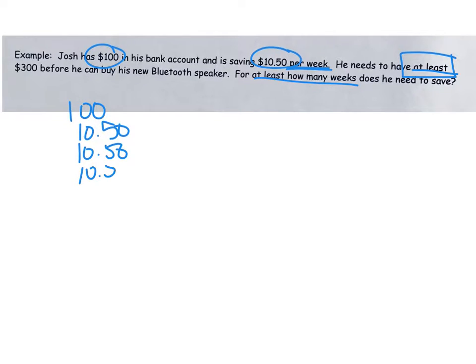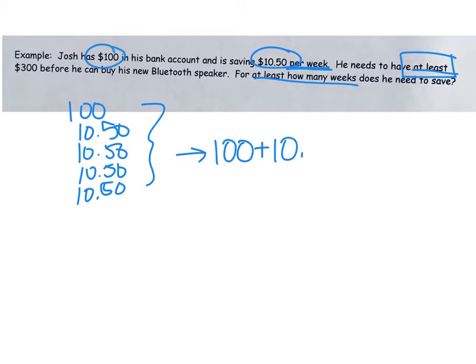That's over and over again. So as I set up my inequality, I'm going to start with 100 plus $10.50 every week. I'm going to use W for week. And I want to know how long until he has at least $800. So I want his amount to be equal to $800 or more than $800.